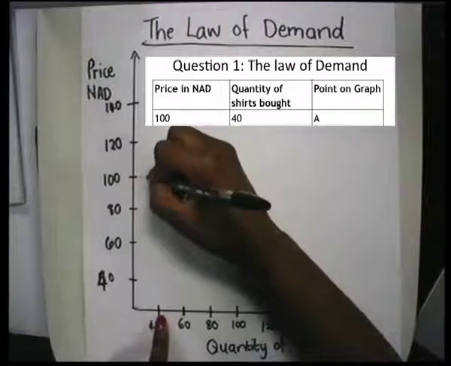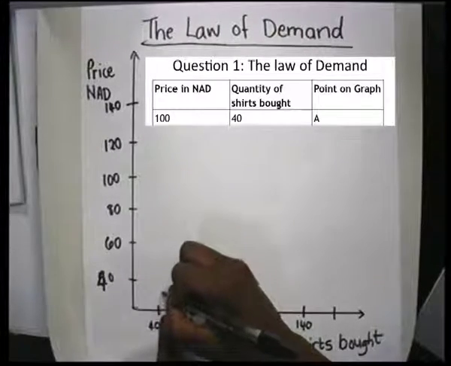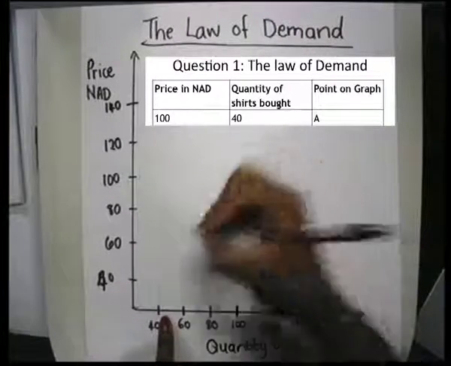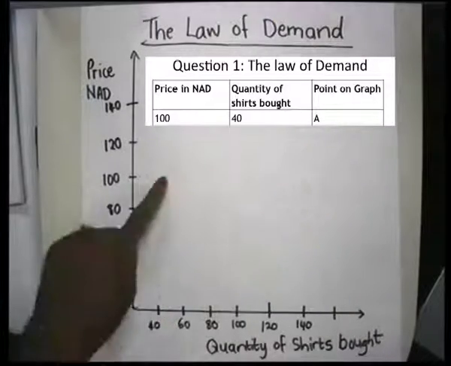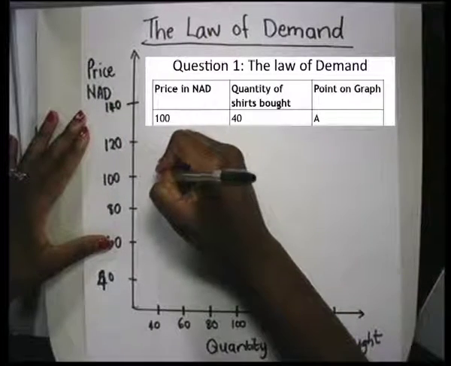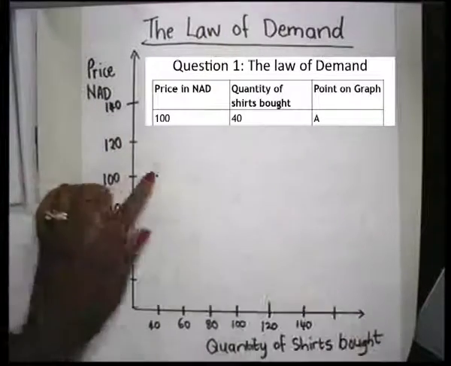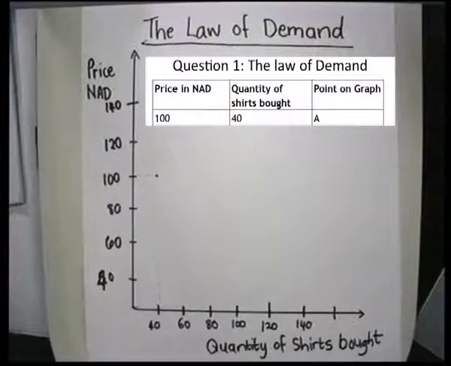We know that the price is 100 and the quantity of shirts bought at that level is 40. So where the 100 and the 40 meet, we are going to put a marking, and that marking we're going to term as A.